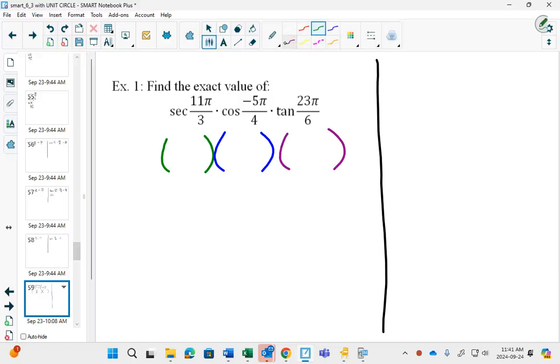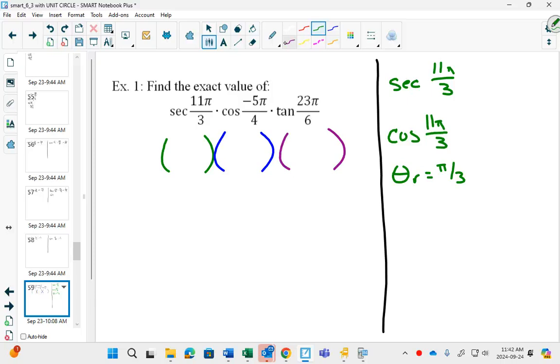So first, if I want to find secant of 11 pi over 3, I would first figure out cos of 11 pi over 3. This is pi over 3 family. So sometimes when we write the family, we can write it as a reference angle.